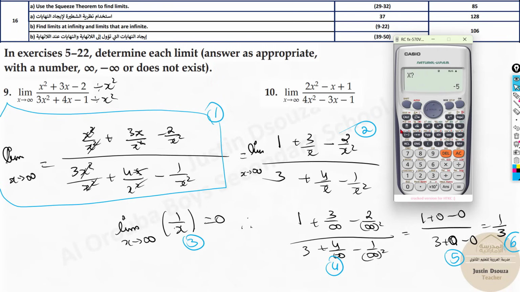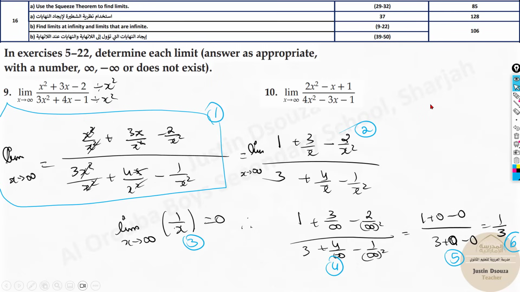And what is the infinity value? It is a huge number, so I'll just type some 999s. What's the answer? 1/3 or 0.3333. So 1 divided by 3 is always 0.333. That's it. Just to check your answer, you can use the calculator. Here, the answer is 2 by 4 or 1 by 2 or 0.5, half it is.